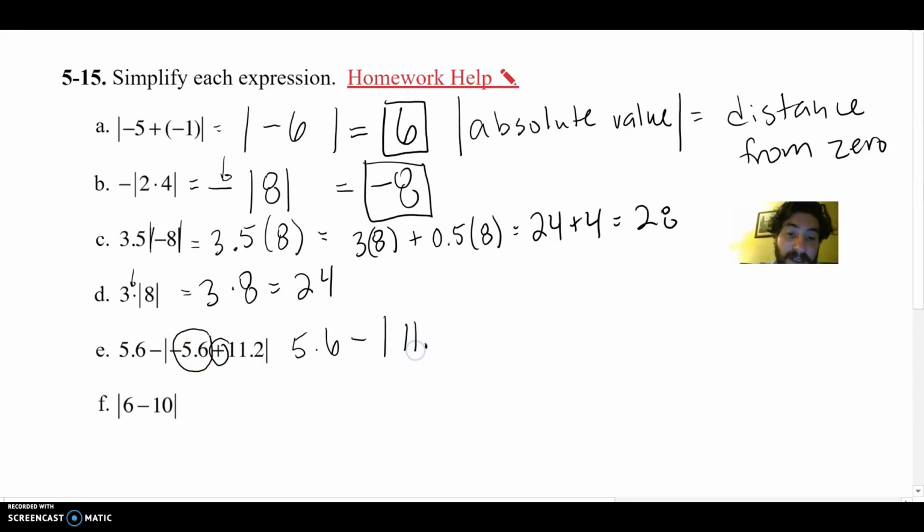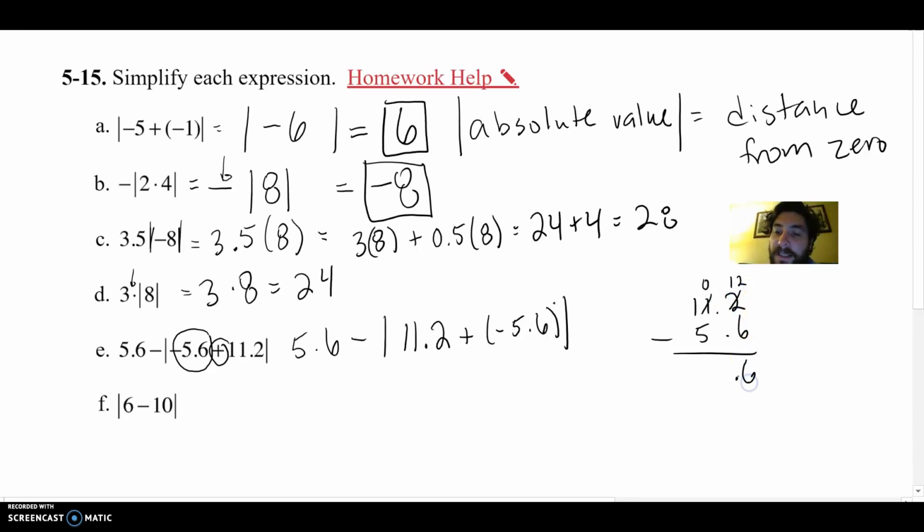So I'm going to take 11 2/10 plus a -5 6/10. So that looks easier for me to see. So it's basically 11 2/10 minus 5 6/10. And when I subtract, I'm going to borrow from that 1, making this a 12. That'll be 6. Bring down the decimal point. Can't subtract 5 from 0, so I need to borrow from here and make this a 10. And I have 10 6/10.